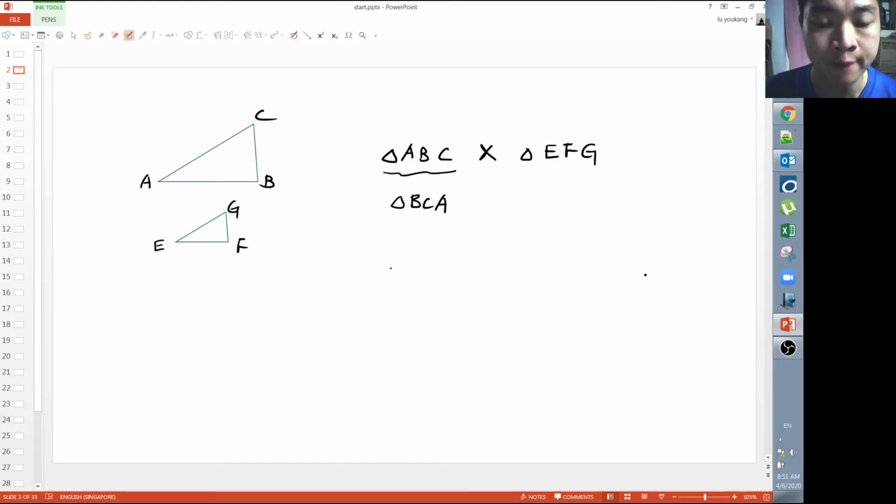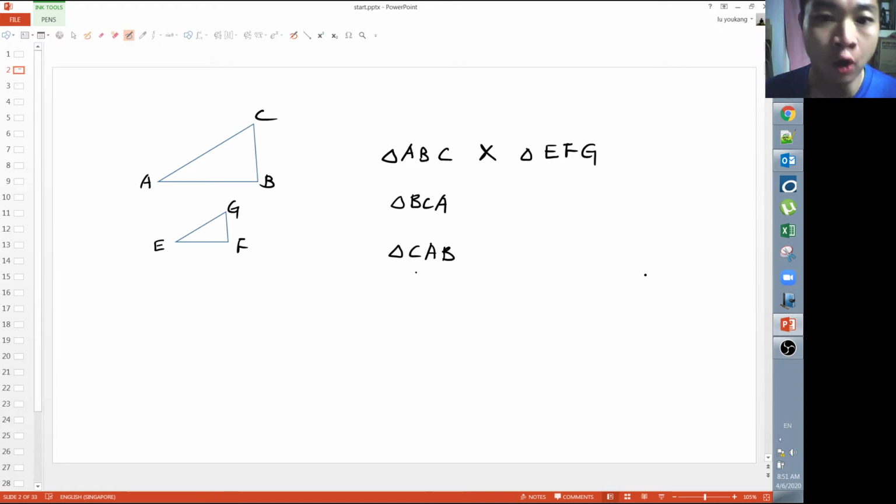So when you name your triangle, you can also name your triangle CAB. When you name your triangle, the order of the letters is not very important.